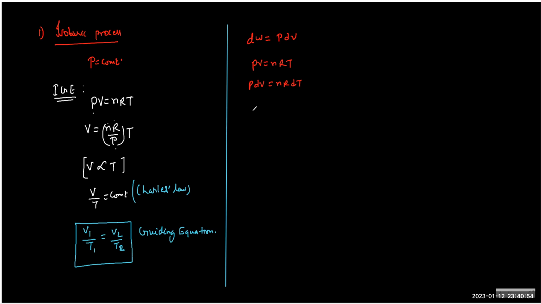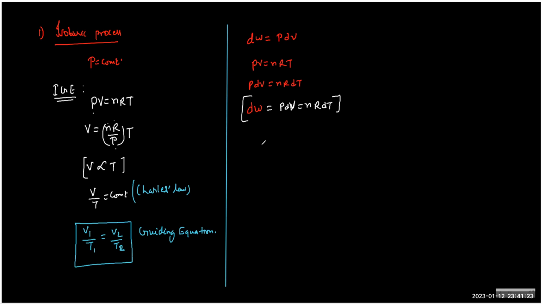And that is why the work done in this particular process we can write either in terms of volume change or in terms of temperature change, both are equally valid. So PdV you can replace by nR dT, and that is the beauty of this process. So you have two options. If you know the temperatures at the end and beginning, you can find the work. I will not integrate. If we know T2, T1, you can convert accordingly as per the question. So the first step is done.